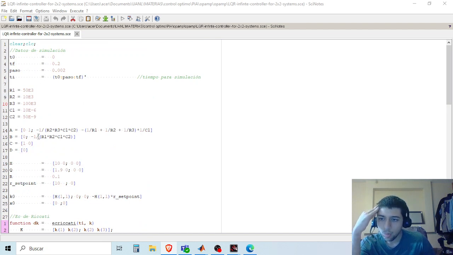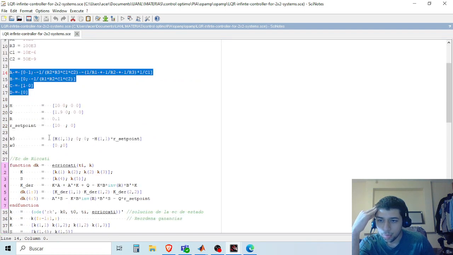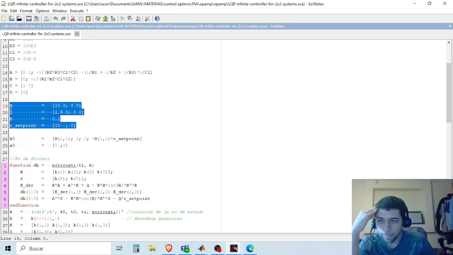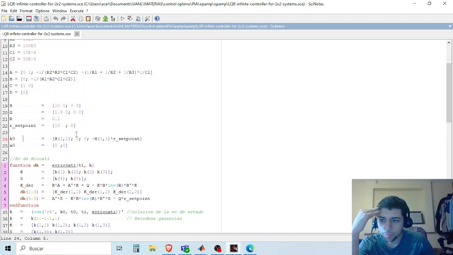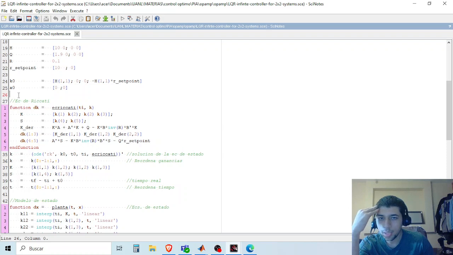So basically with this code we only have to worry about modifying the state space system and the cost function in terms of the matrices, and the code below we don't need to modify anymore because it's in its general form.